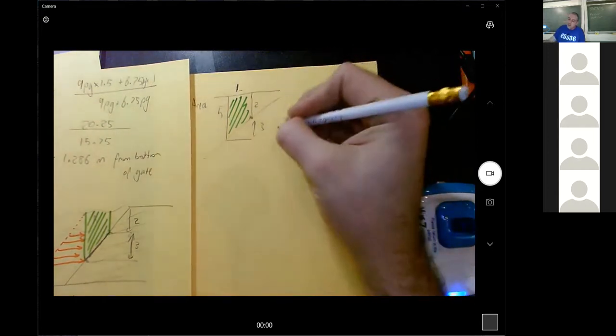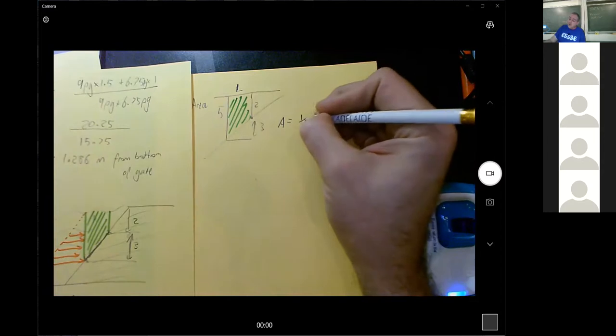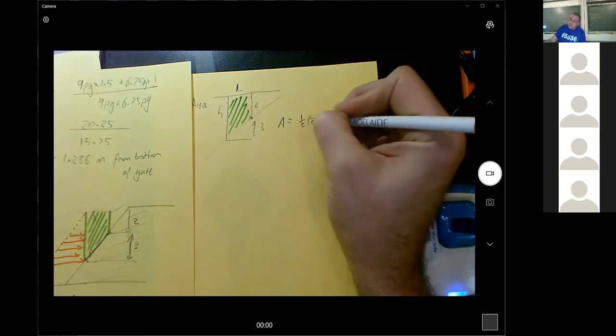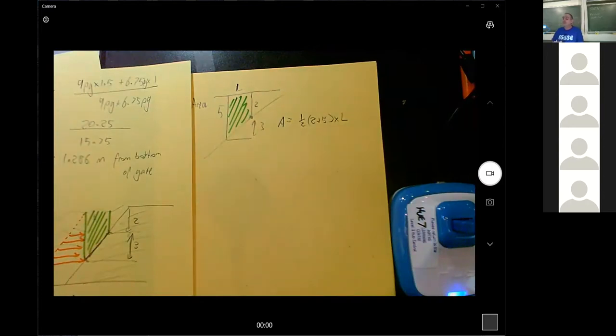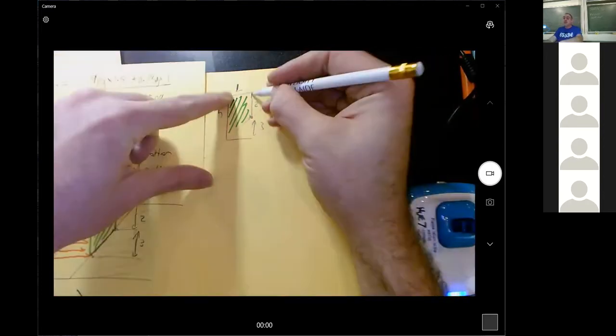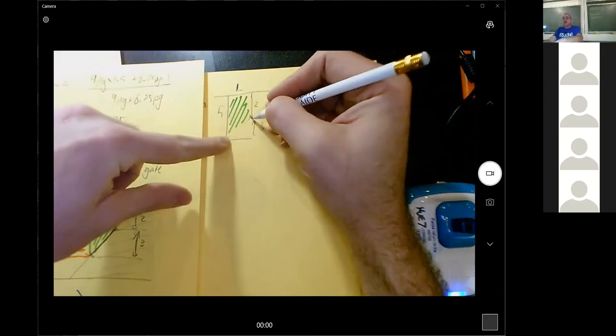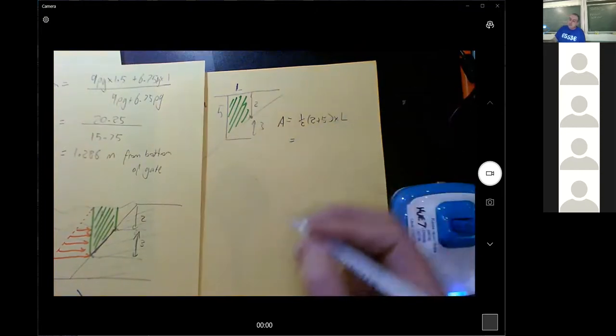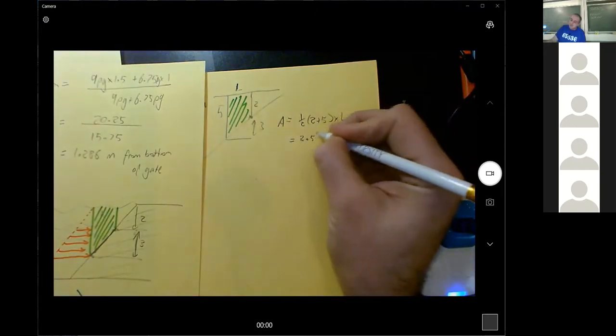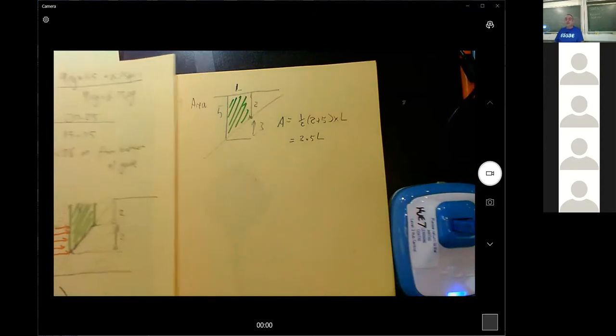And so the area here, this is a trapezium. A trapezium is the average depth times the width. So the two parallel bits, you add them together and divide by 2, and you times by the height, but in that case it's the length in ours. Okay.